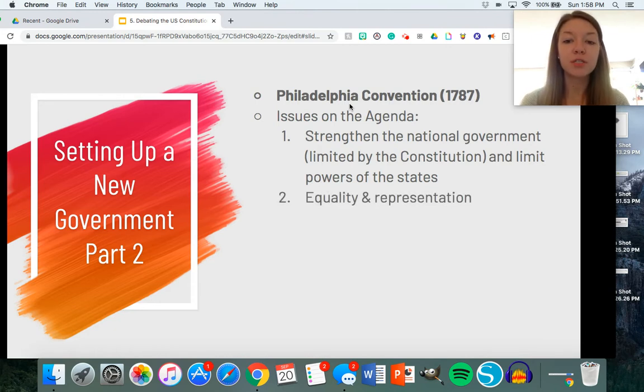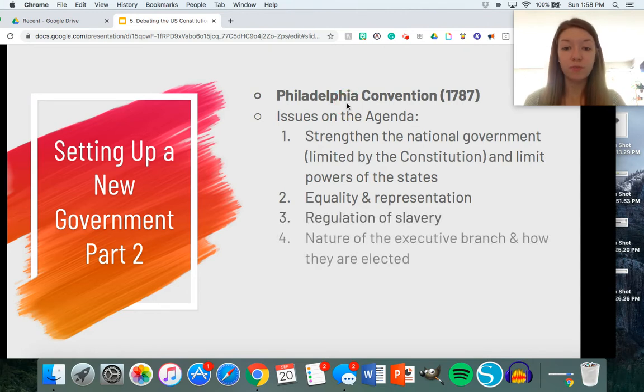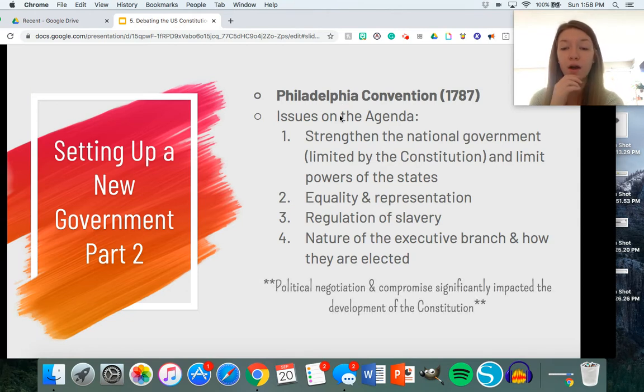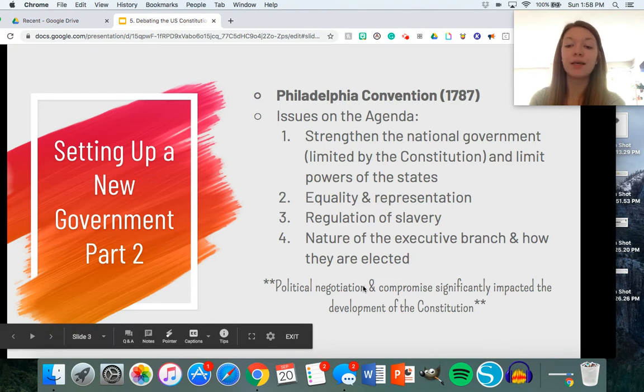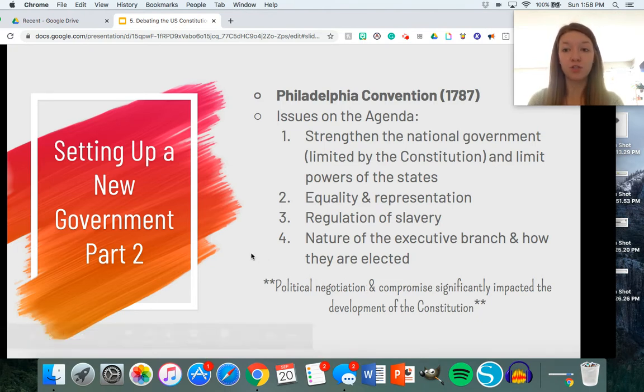We are also going to see the issue of equality and representation pop up, the regulation of slavery, the nature of the executive branch, and how the executive is elected. So these are the issues that our founding fathers are going to debate when they are in Philadelphia. And this political negotiation and compromise is going to significantly impact the development of the Constitution, as we will see through various compromises.